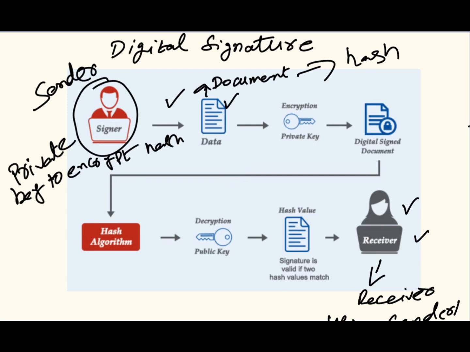This is how digital signature works, and it shows the difference between confidentiality and encryption, and why in digital signature we do not encrypt the document. We only make sure of its authenticity.